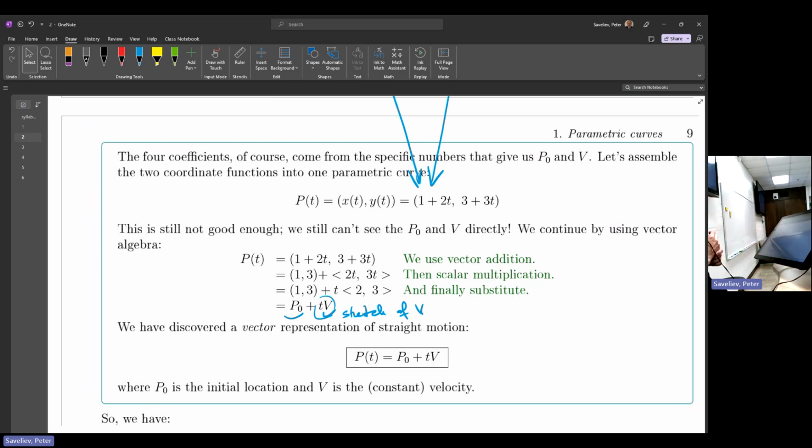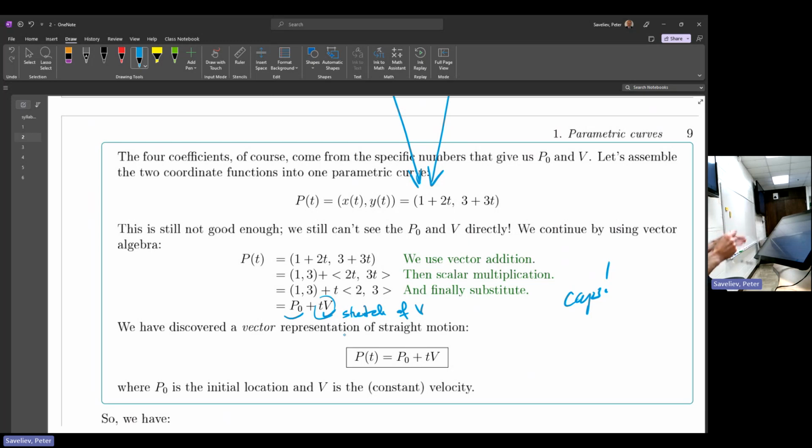I'm using a capitalized letter here to emphasize the difference between vectors and numbers. So t is a number, lowercase. P is a point, two-dimensional. P naught is a point, two-dimensional. Vector V is also two-dimensional.